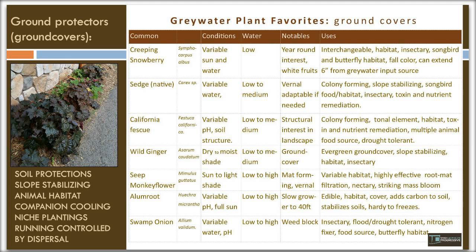And a lot of landscapers don't like to plant them because they feel like they will be running throughout the yard. However, you can really control them if you use the right plant by just how you put the dispersal of the graywater. And here's a picture of heuchera, also known as alum root, alongside a building that's watered with graywater.